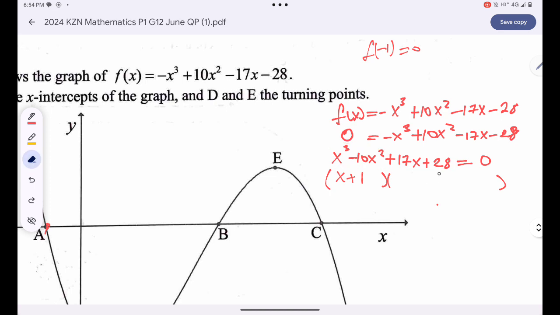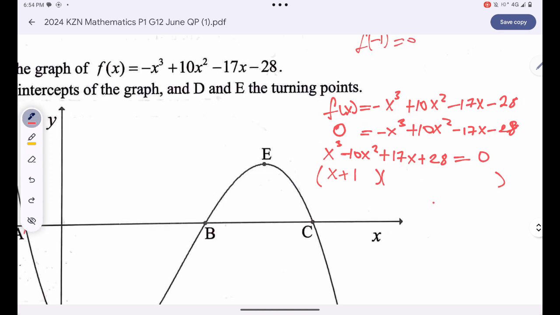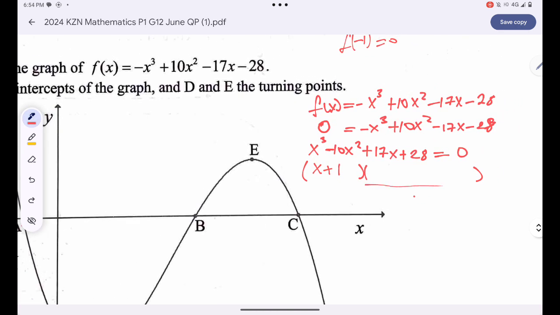After finding x plus 1, guys, I must just find the trinomial that belongs there. To find the first term of my trinomial, what do I need to do? Divide this term and that term. I'll simply get x squared, and then whenever I divide this term with that term, that's just positive 28.